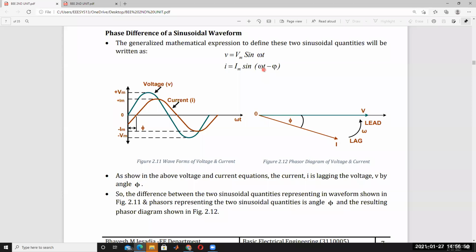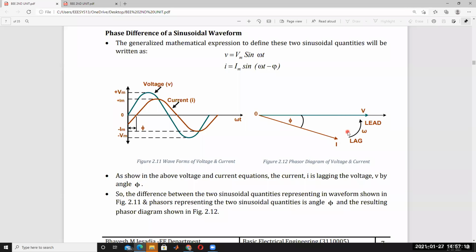then the current starts after pi, that means by pi degrees the current is delayed. So if you are taking voltage as a reference, then the current lags by pi degrees like this.